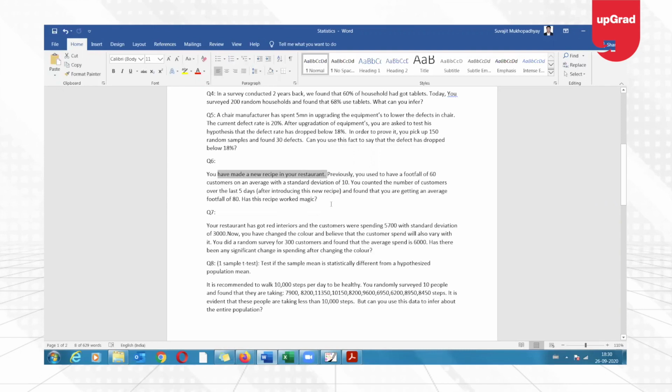So as part of your innovation, you have made a new recipe, and previously in your restaurant you used to have a footfall of around 60 customers on an average per day, with a standard deviation of 10 customers.